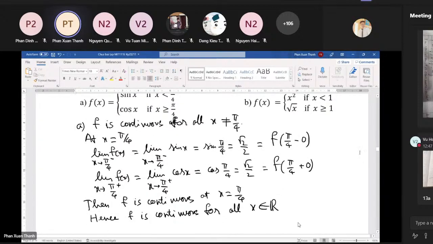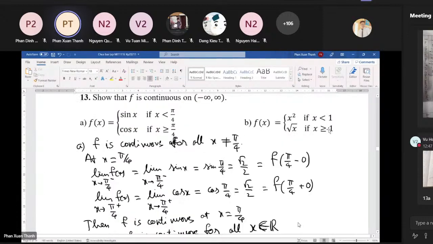So I think we can do similar for B. As I said, you should say about the continuity of f when x is not pi over 4, or for B when x is not number 1.